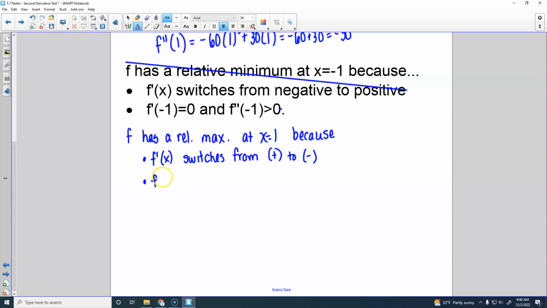Or we could say f prime of 1 equals 0, and f double prime of 1 is less than 0. So you could use either one for that. That one asks us for points of inflection as well. You would make a sign line and look at the sign changes for your second derivative for that, but I want us to get to these last couple questions that are more like AP Classroom questions that you'll see on your exam, so I am going to skip that for the moment.